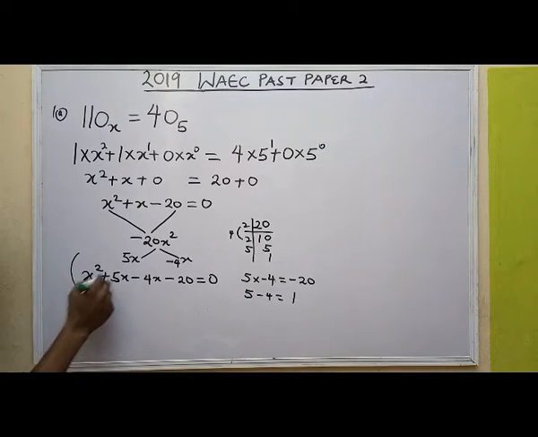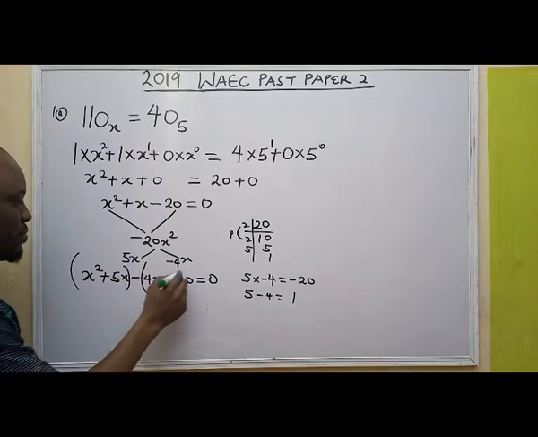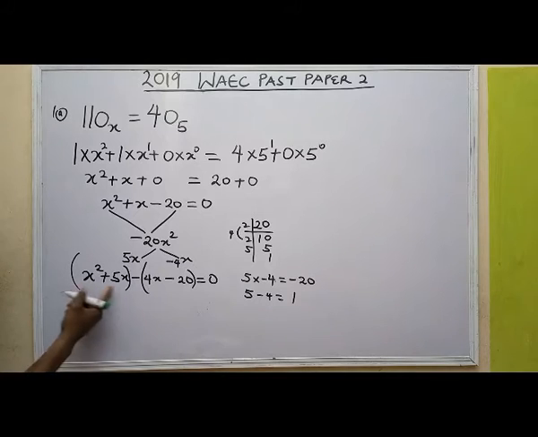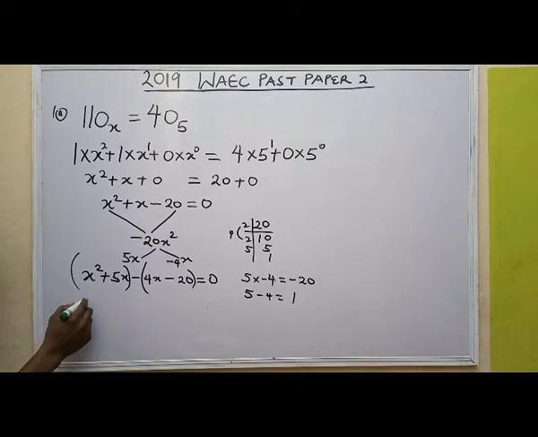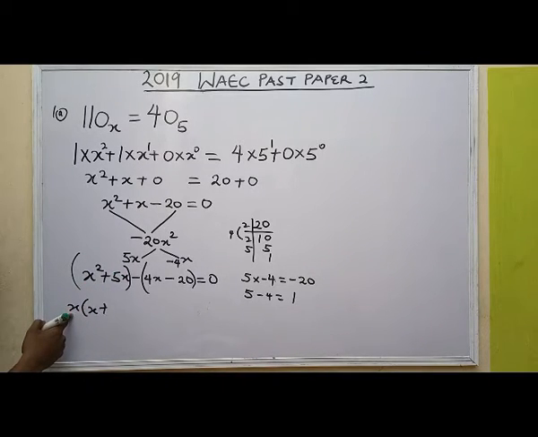Now I'm going to group them, and then I'm going to find the highest common factors. The highest common factor between x squared and 5x is x. The next thing I'm going to do, I'm going to say x squared divided by x will give me x. Then this is plus. I'll do the same thing, 5x divided by x will give me 5.